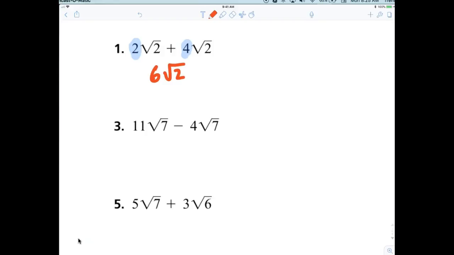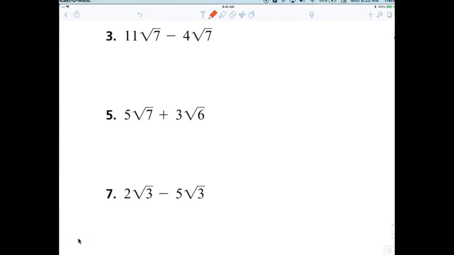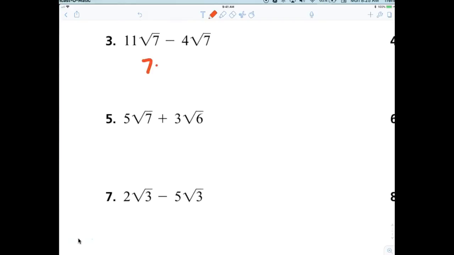Some of you are getting better at that now because you understand what I'm saying. It's not going to get any easier. Number 3: 7 radical 7. What, are you having trouble with 11 minus 4? Oh, okay, never mind.